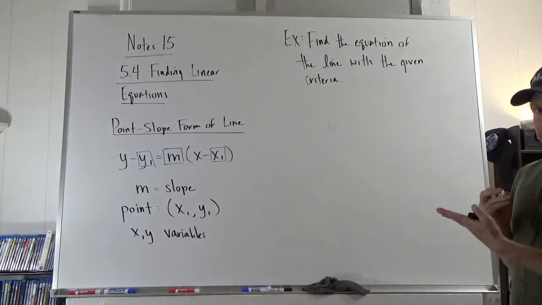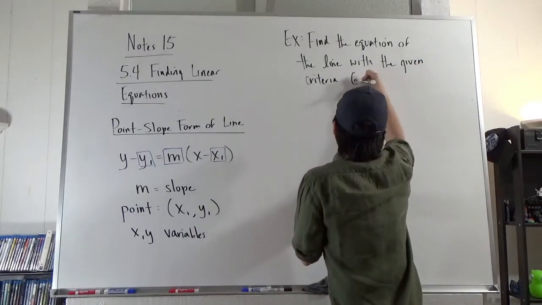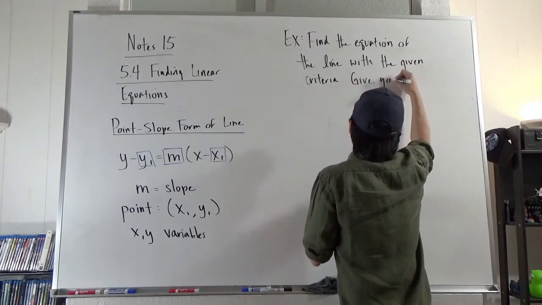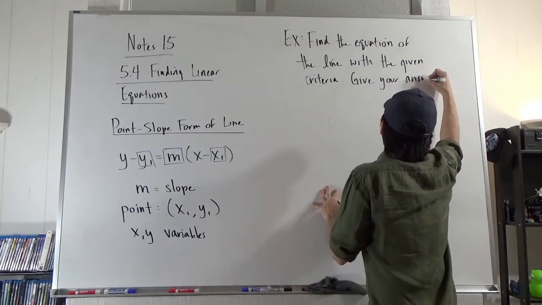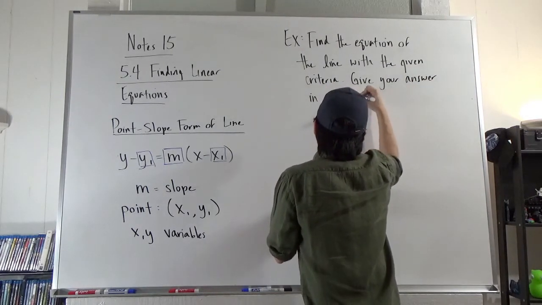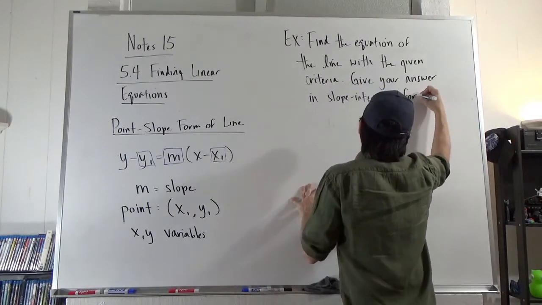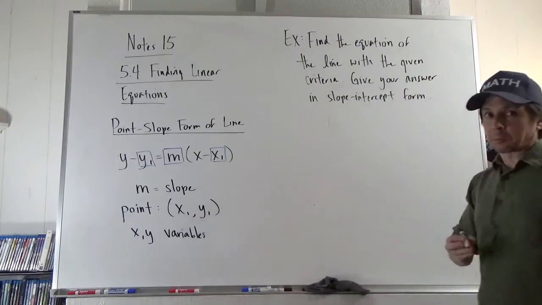Once you set it up using point-slope form or the other method that I'm going to discuss, you want to give your final answer in slope-intercept form, meaning you want it in the form of y is equal to mx plus b.